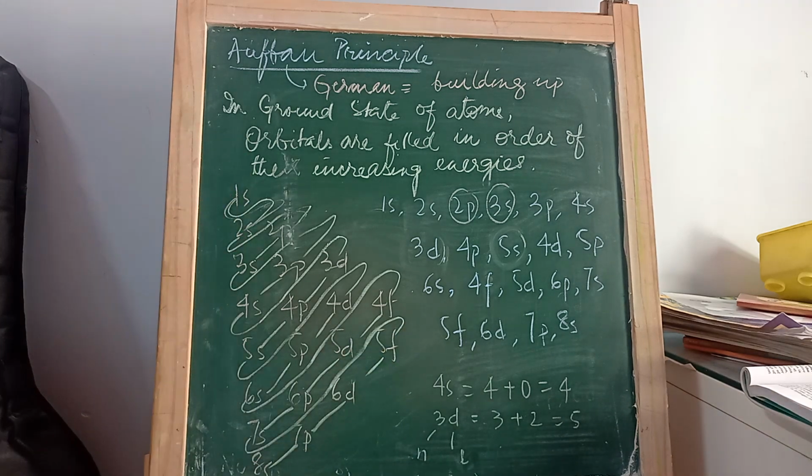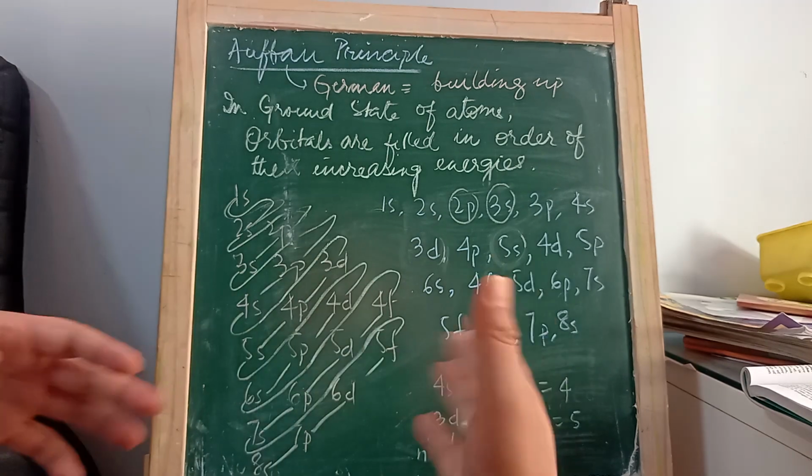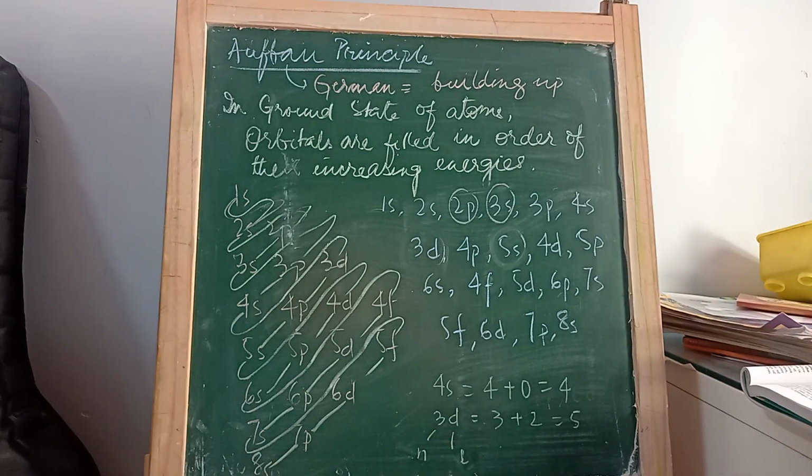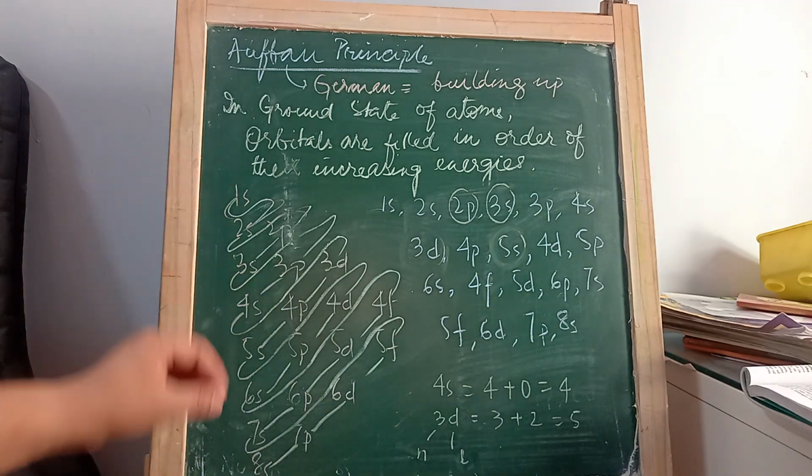If you follow this sequence, even in the examination hall, you can find the increasing order of energy of the orbitals by drawing this diagram.